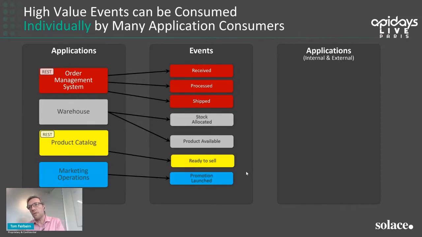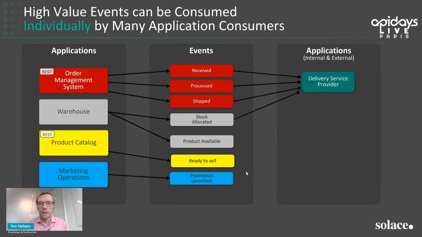But if we think about things from an application lens, and I don't just mean a piece of code, I mean an application in terms of a piece of code all the way up to a business capability. If we look at our delivery service provider here, well, when we get an incoming event, we probably want to say, you know what, I'm going to allocate a shipping ID to that.